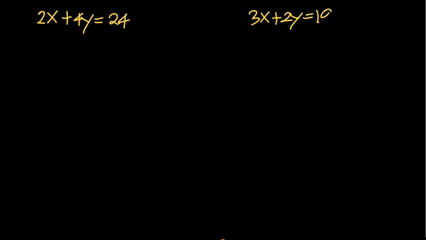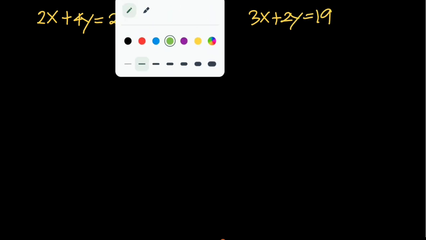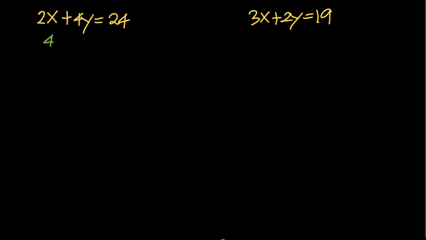So we're to graphically solve the system. We're given two equations, 2x plus 4y equals 24, then 3x plus 2y equals 19. We need to write these in slope-intercept form. 4y equals negative 2x plus 24.